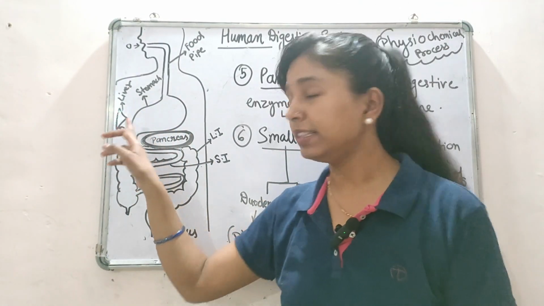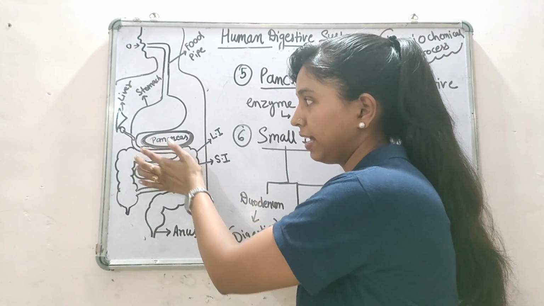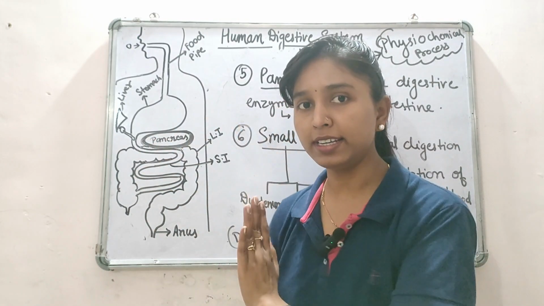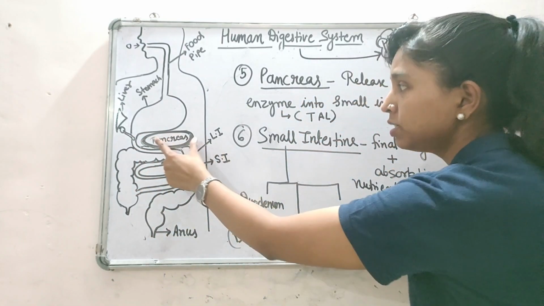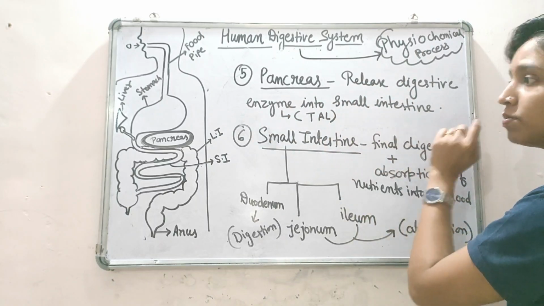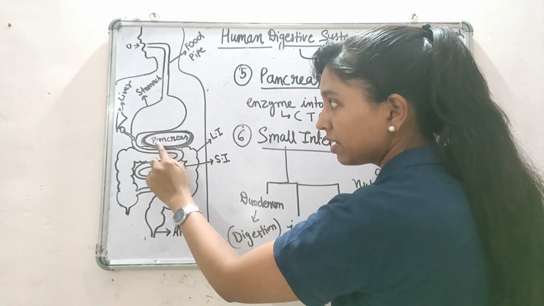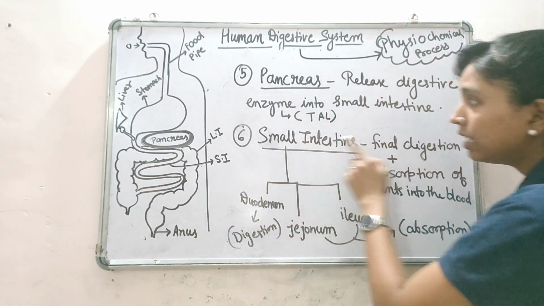Along with the liver, there is another gland, the pancreas, which is also attached to the small intestine and stomach. It is between the stomach and small intestine. This pancreas releases digestive enzymes into the small intestine.